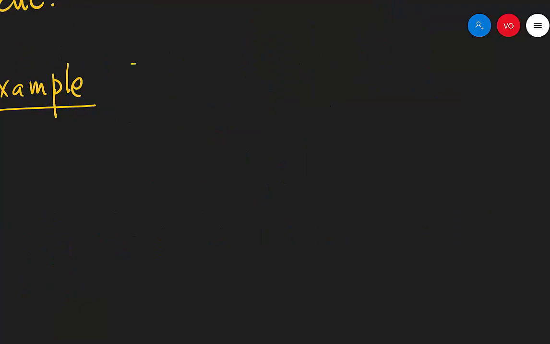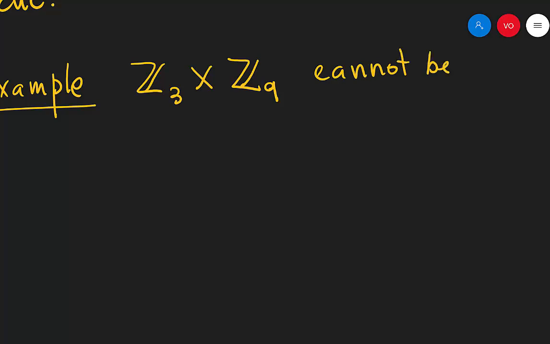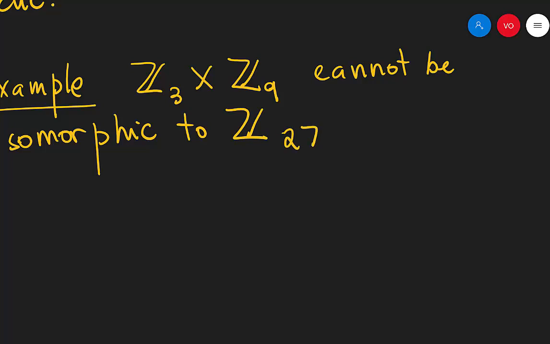Okay, so in this example, we'll show that Z3 direct product Z9 cannot be isomorphic to Z27.